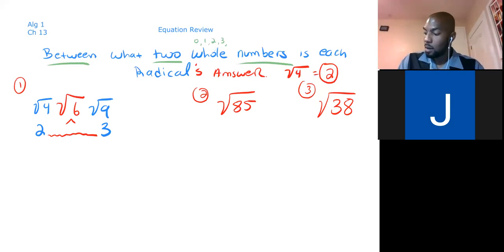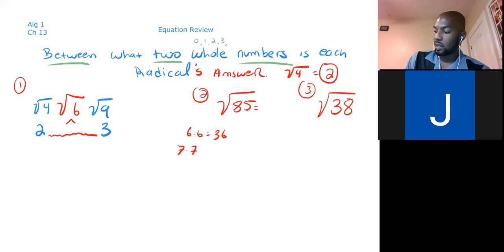Again, if we found the answer to rad 85, between what would it reside? Perfect squares that lead up to 85: I know 6 times 6 gives us 36, 7 times 7 equals 49, 8 times 8 equals 64, 9 times 9 equals 81.